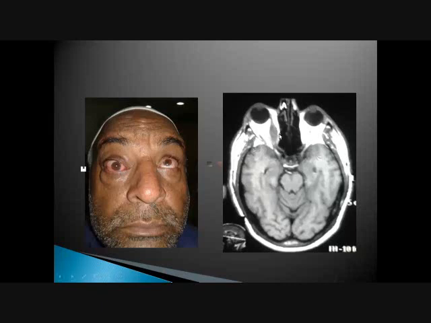And you can see the thick belly of the medial rectus muscle. How can you say that this muscle is enlarged? What is the landmark with which you compare? See, the muscle should be as thick as the optic nerve. If it is more than that, then it is enlarged.